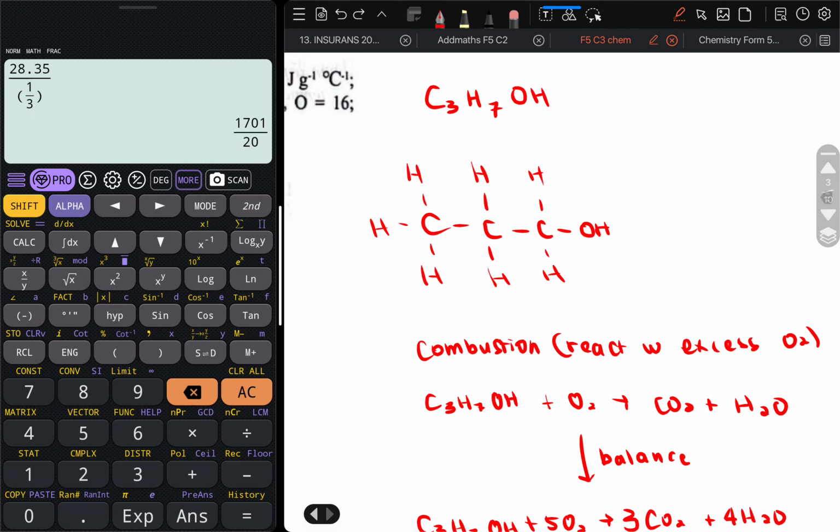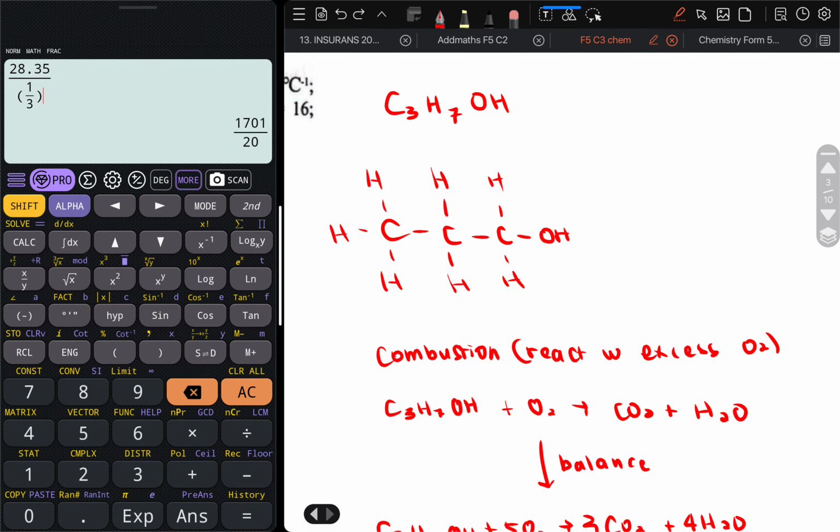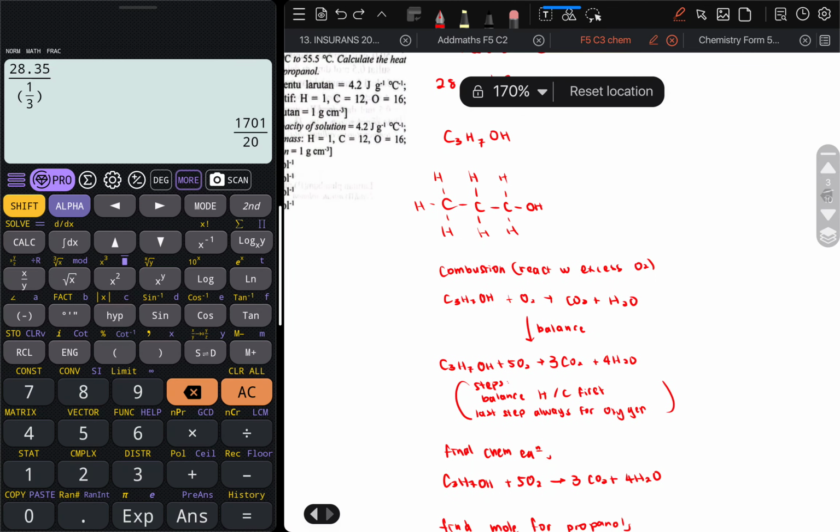And then remember, for every carbon you should always have a maximum of 4 bonds. 1 2 3 4. Okay, 4 bonds. So one carbon can connect with 4 other elements. Okay, that's it.